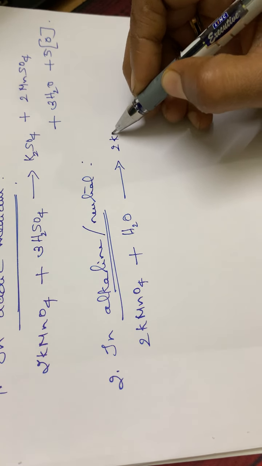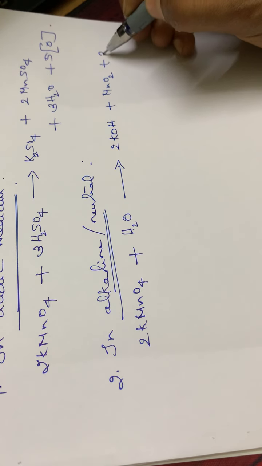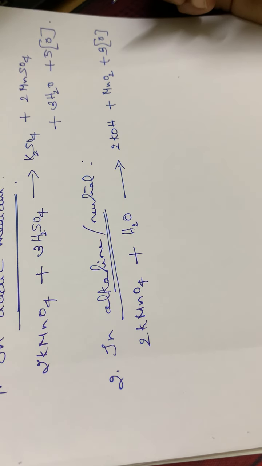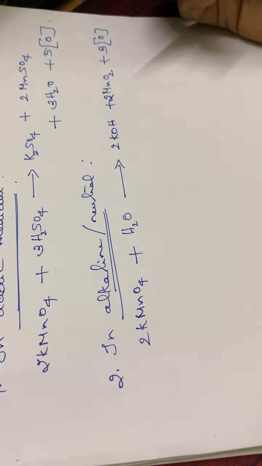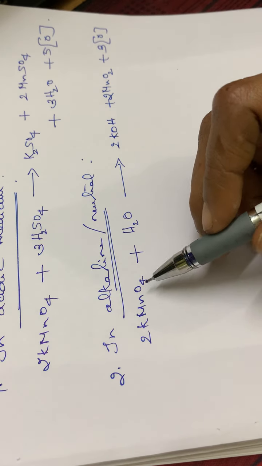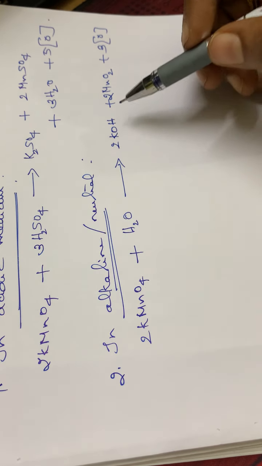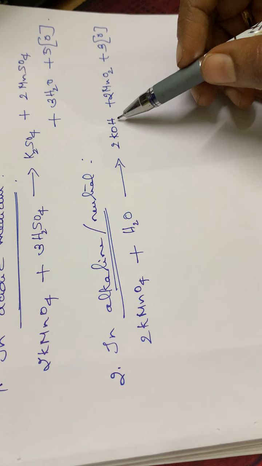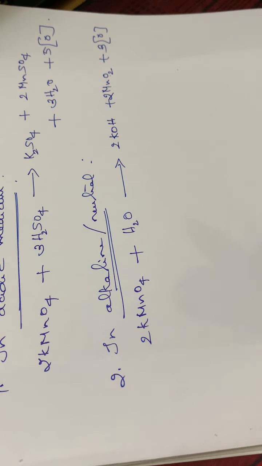The products will be 2 KOH, potassium hydroxide, 2 MnO2, manganese dioxide, plus 3 nascent oxygen atoms. So in water we will obtain potassium hydroxide, manganese dioxide and nascent oxygen.